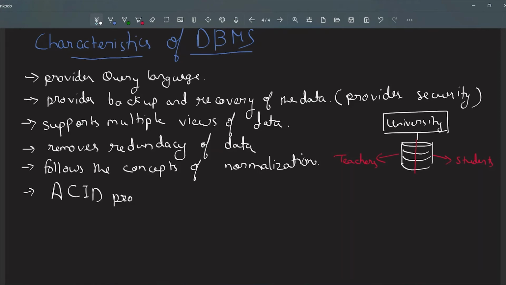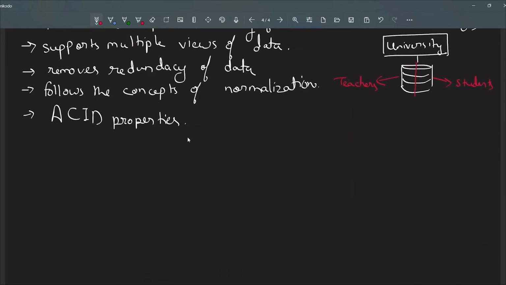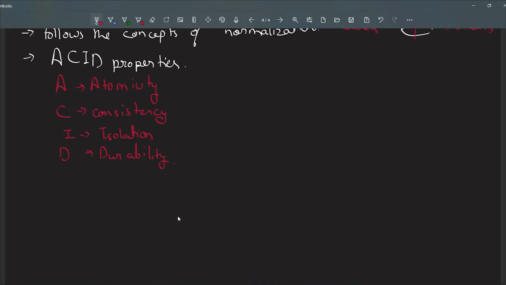ACID stands for atomicity, consistency, isolation and durability. Let's try to understand these four points briefly.